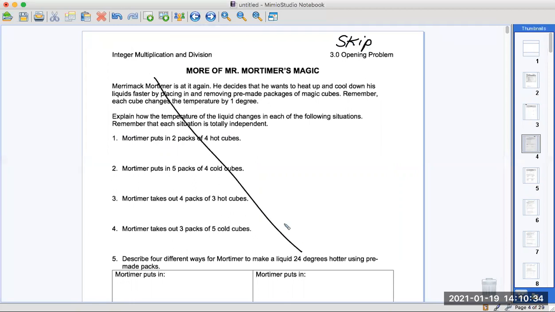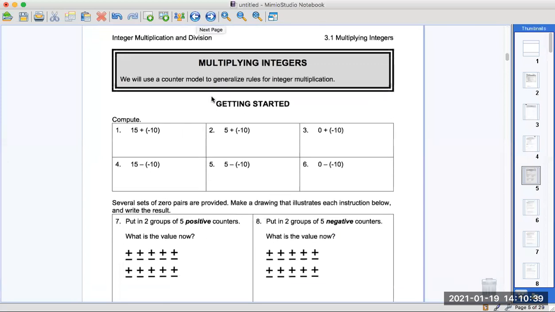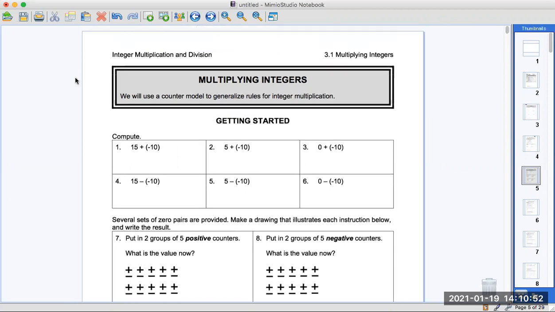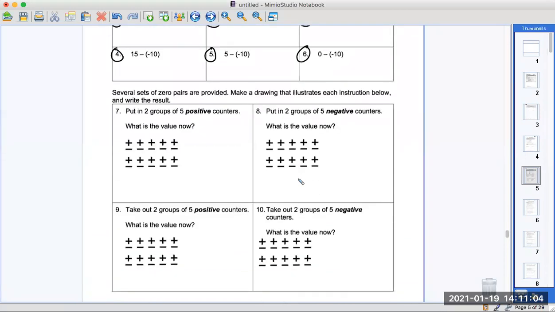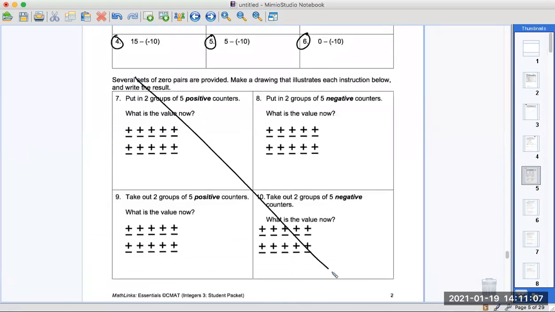And it helps if you cross it out. The next page, you're going to do only number 1 through 6 for homework. The rest we're skipping. So I will write homework, and you need to do these. But we are skipping the ones with the counters and groups. So cross that out.